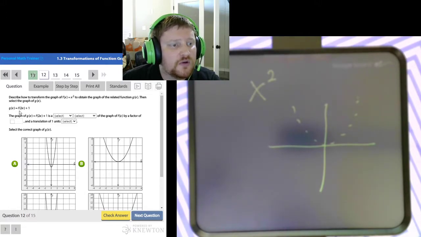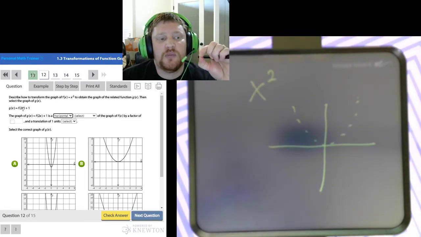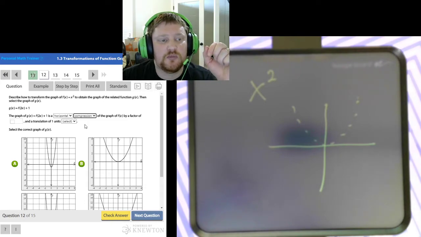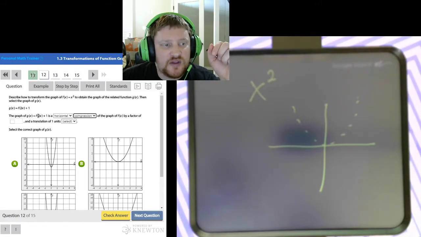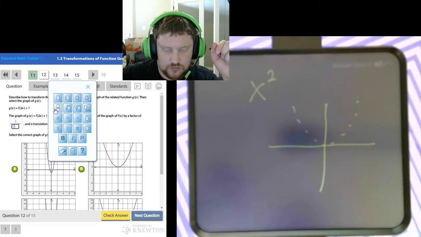So the graph of g of x is a horizontal change because it's inside, and it's a number bigger than 1, so we would expect it to be a stretch, but it's inside parentheses, so it's opposite. It's a compression. So this is a horizontal compression by a factor of, they gave us 2, so it's going to be 1 over 2.